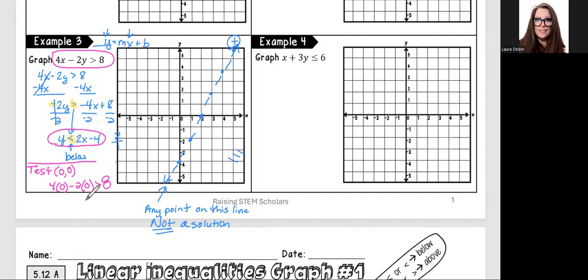I guess I was just 0 on the brain. So 0 is greater than 8. What? That is clearly false. That is not an accurate statement whatsoever, which means over here, this is not a solution. Not working. So everything in this direction is the solution.